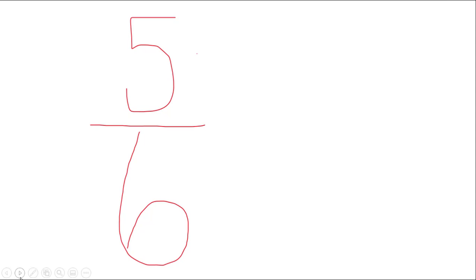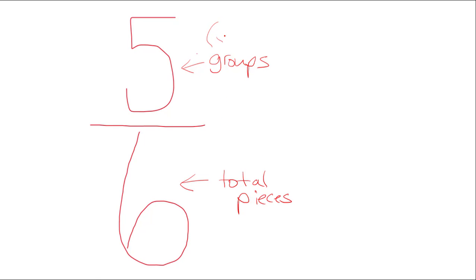Okay, so let's look here at 5/6. 5/6 can be described as a division problem. So remember, 5, that's your groups. 6, that's your total pieces. We can also say that 5 would be how much you get to eat.